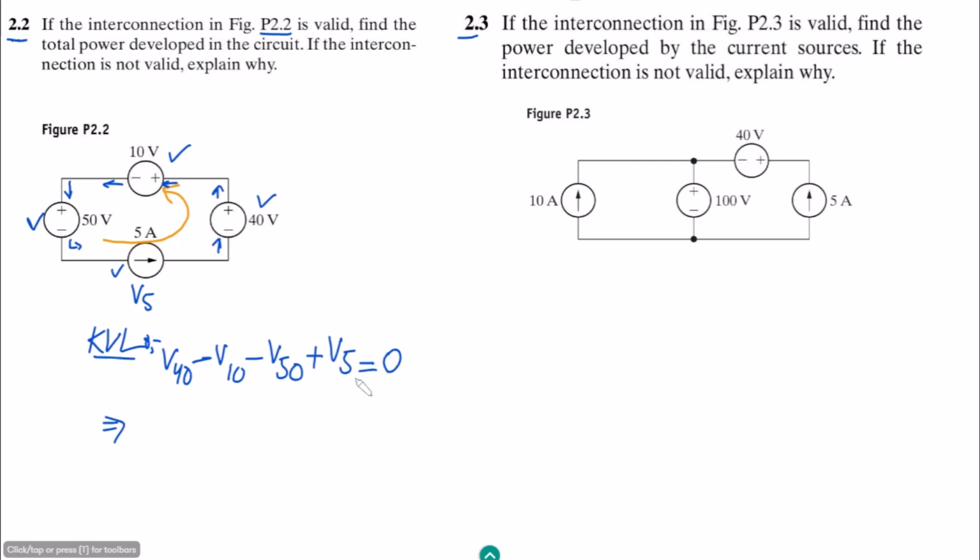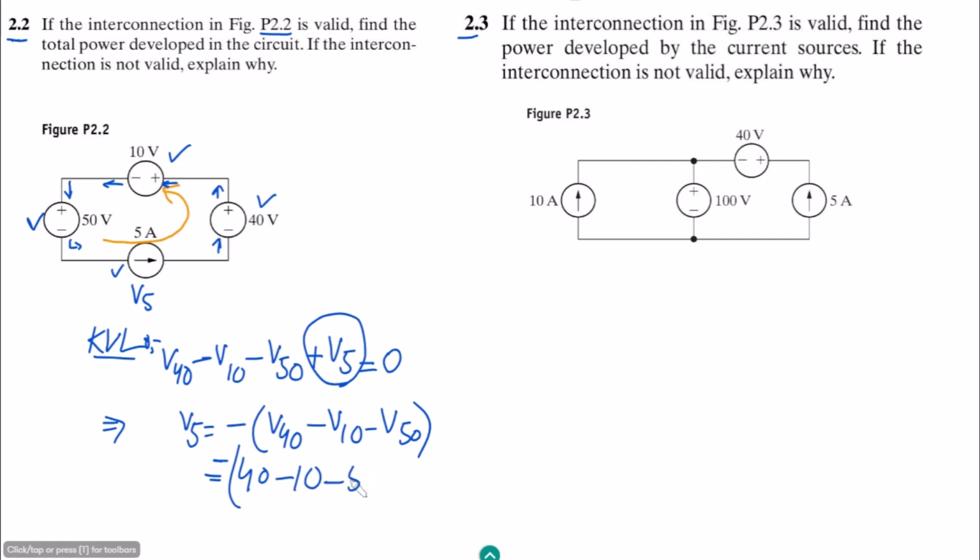All of these values are known except this V5. So in order to find V5, we have V5 minus V40 minus V10 minus V50 equal to 0. Let me put in these values: V5 equals 40 plus 10 plus 50... so this is 20 volts, positive 20 volts.